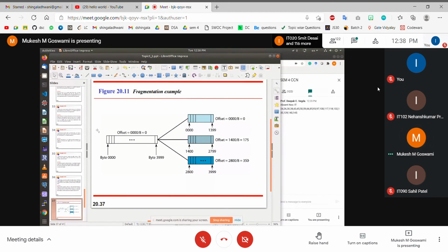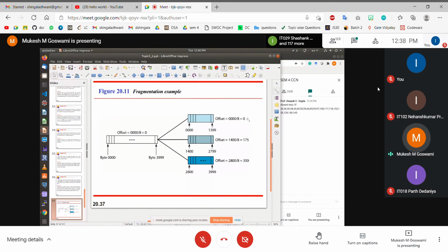So you have a total of 4000 bytes, and you would like to divide these 4000 bytes into 3 segments, each of size 1400. The first byte is 0, the last byte number is 1399. So how do you get the offset value? Remember, the offset value is the byte number divided by 8, because offset multiplied by 8 is the byte number.